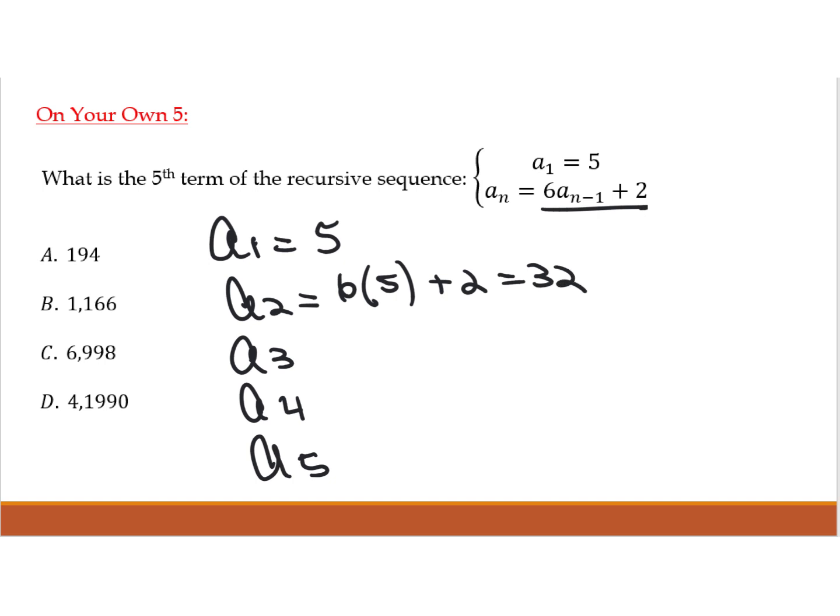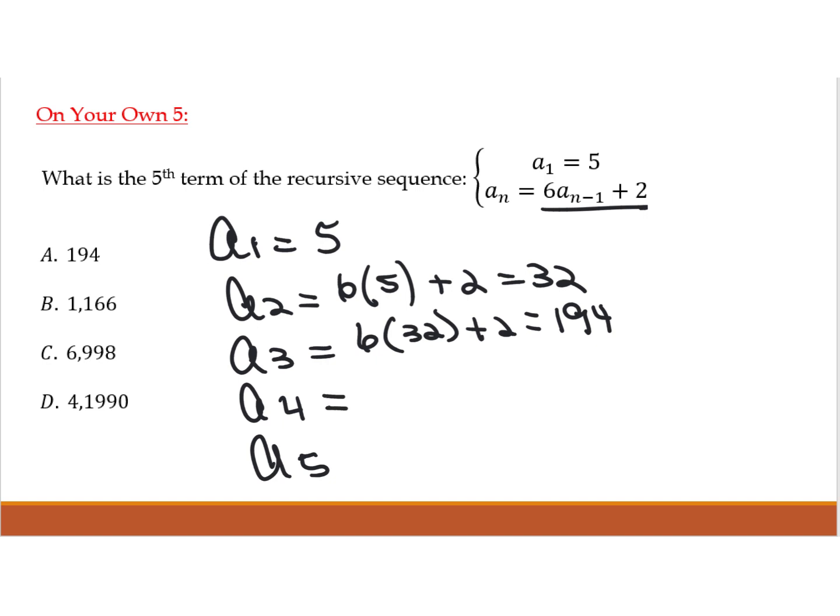All right, now I'm able to find the third term because I know the second term. And I'm going to plug into my formula 6 times the second term plus 2. And when I do that, I get 194. And I'm just typing these expressions into Desmos.